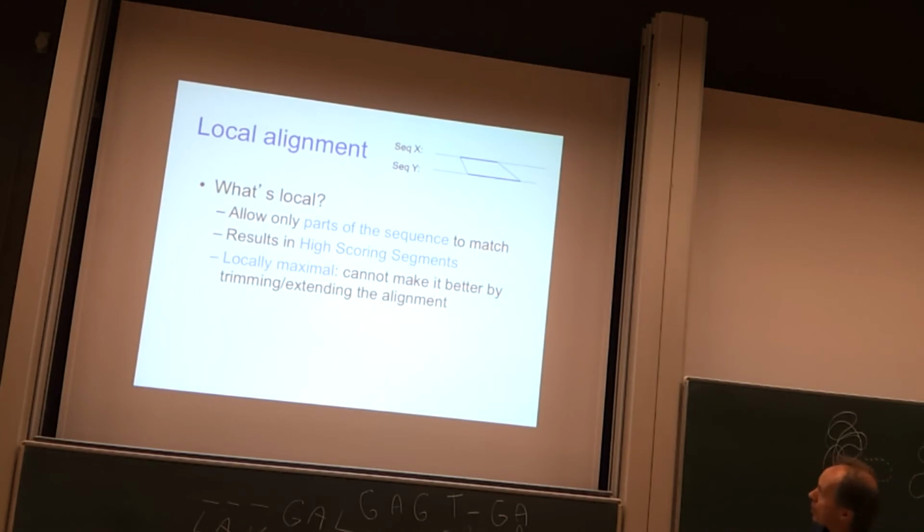We have a sequence, and the idea might be evolution is going to happen. Perhaps some parts of the sequences are more important for the functionality of the protein, for example, than other parts. And it might therefore be that the light blue bits become very divergent. You know, all the letters are different. You hardly see any evolutionary trace anymore.